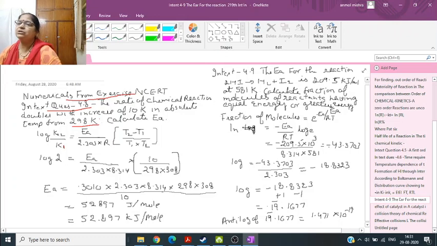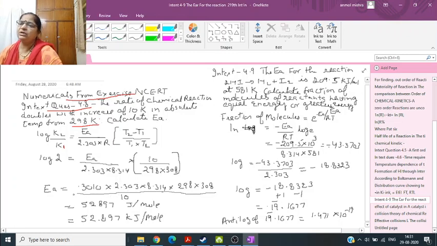If you write K2 as 2 K1, then K1 gets cancelled, so we get log 2. So log 2 is equal to Ea by 2.303 into 8.314, into the difference 10 divided by 298 into 308.